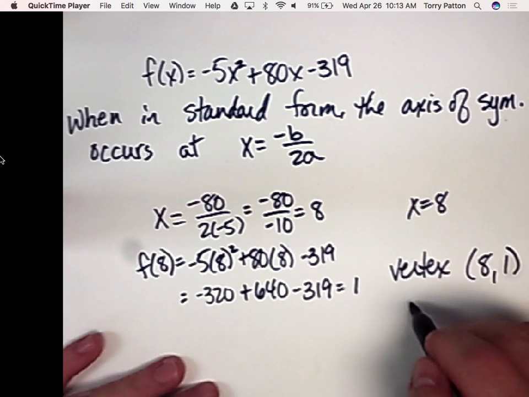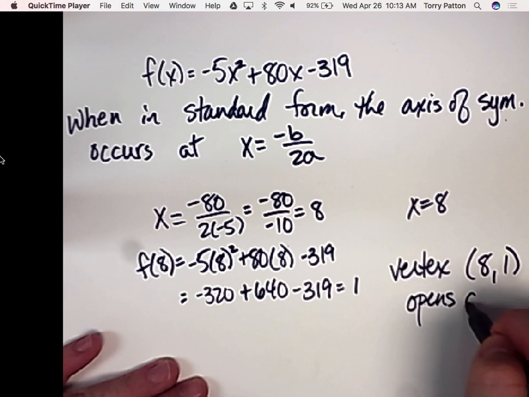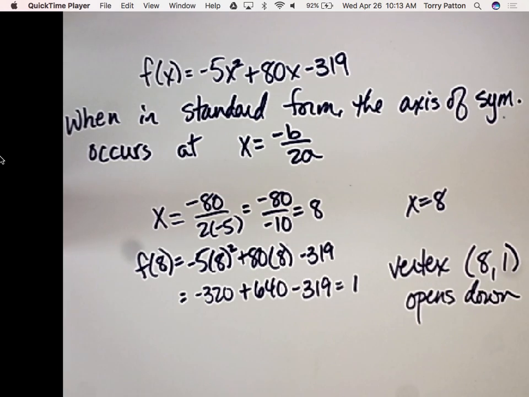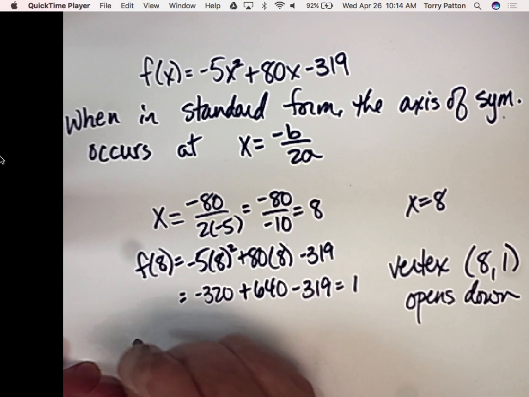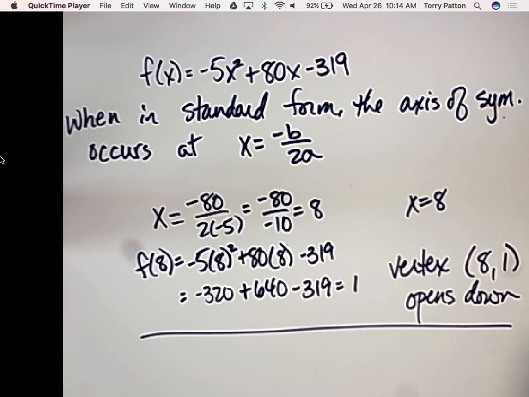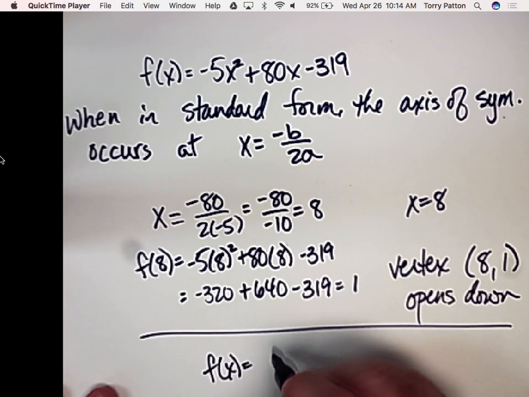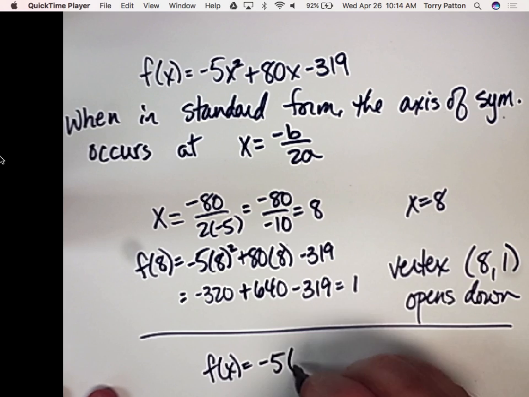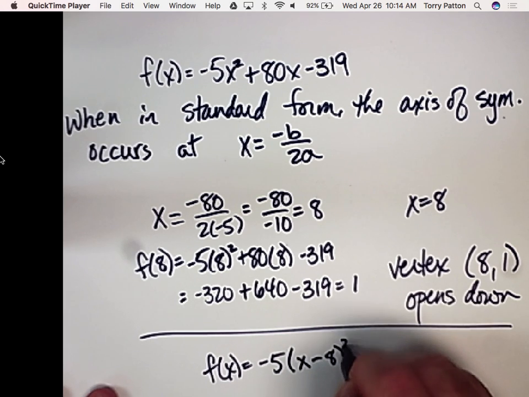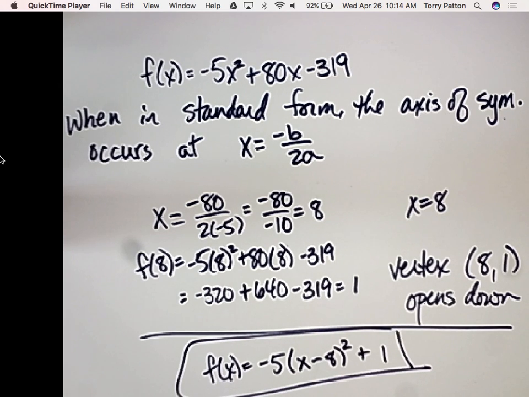And we know it opens down. Right? So from that, you could either graph it or you could write the vertex form. Vertex form is f of x equals a times x minus 8 squared plus 1. So you can get that without completing the square.